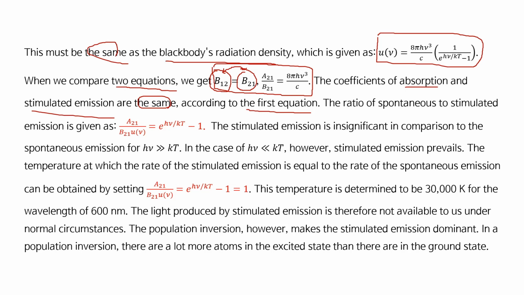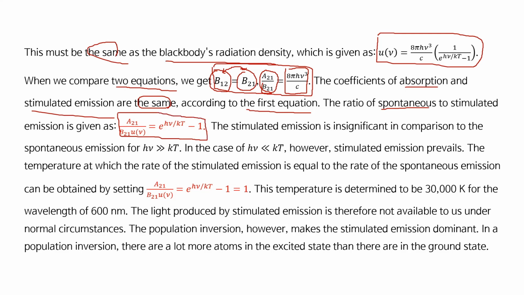And the second equation tells that the ratio of spontaneous emission coefficient to the stimulated emission coefficient is given by these values. The ratio of spontaneous to stimulated emission is given by this equation.